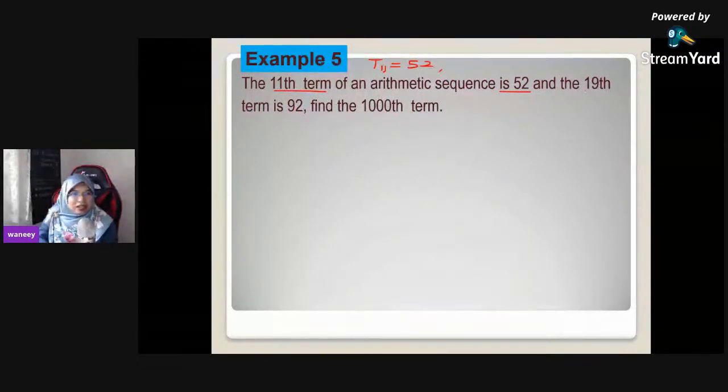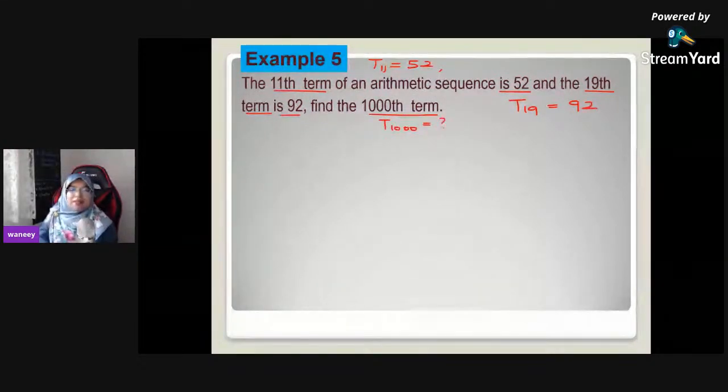And the 19th term is 92, so T19 is equal to 92. Find the 1000th term. So that means we want to know T1000 equal to what?